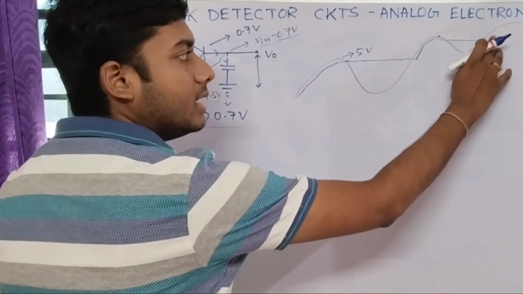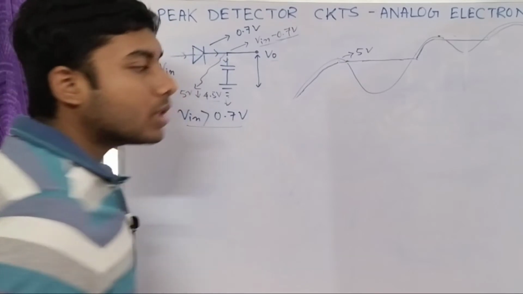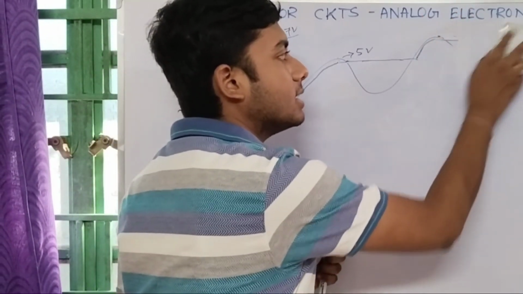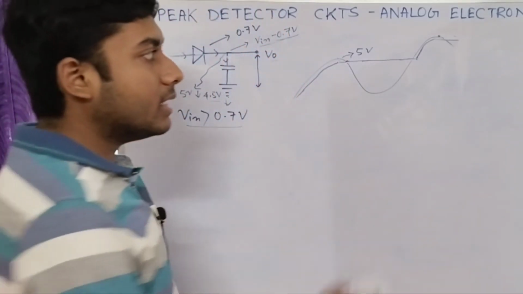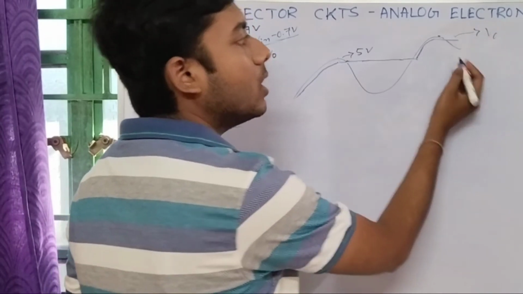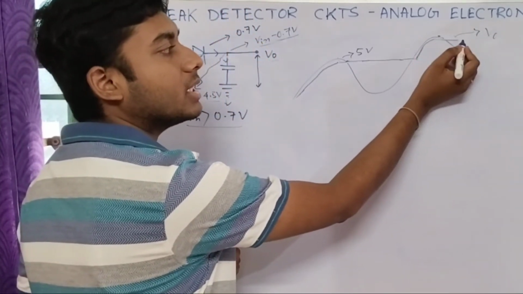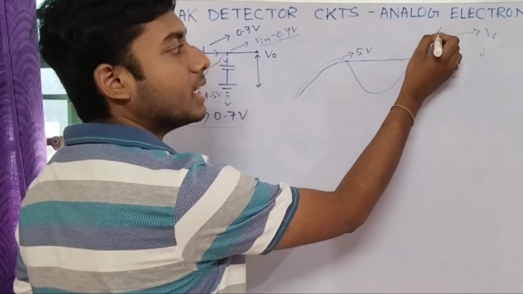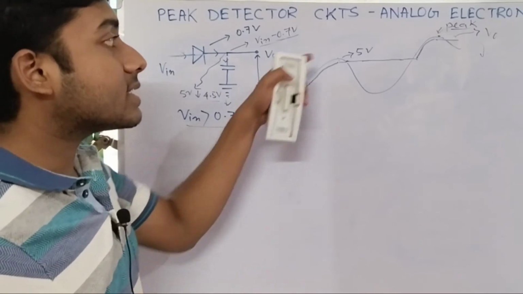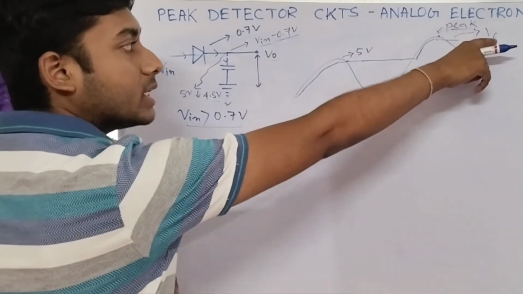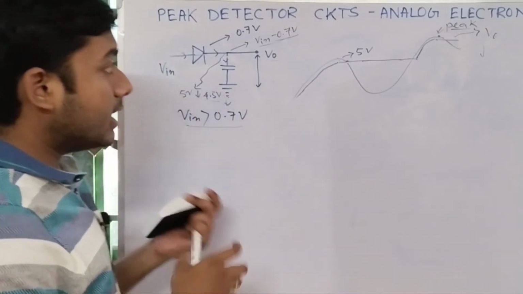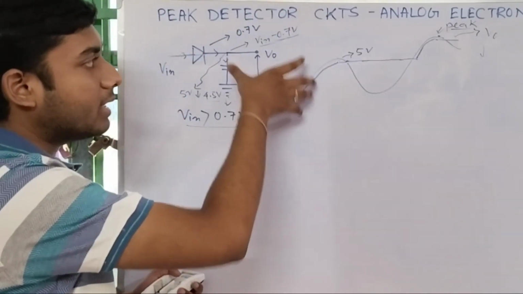Now if after this the circuit is off, then V output, which was our output, will give you just the voltage of the last peak, right? So it is tracing the peak. The V output is actually detecting the peak of the V input. In this way the peak detector circuit works.